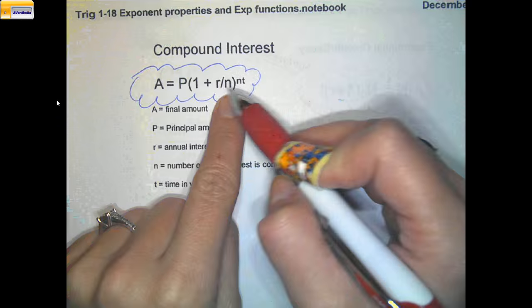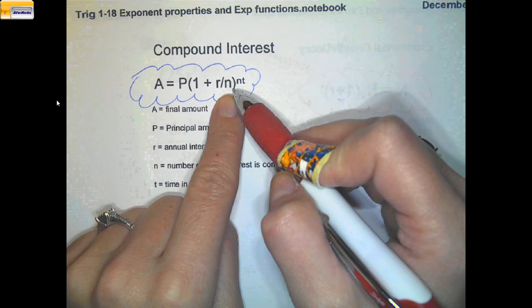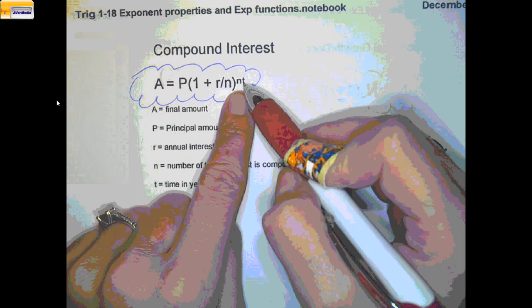R is rate, which again should be a decimal. n is the number of times that it's compounded in a year. Sometimes it's once a year, sometimes 4 times a year, sometimes every month, so 12 times a year. That same number gets used on the outside, and t is always time in years.